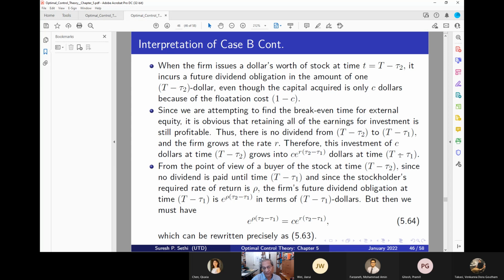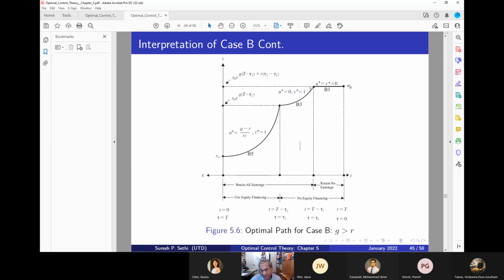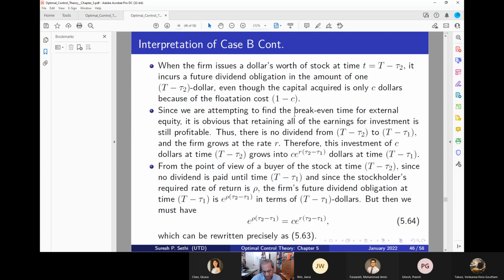So this is the first calculation. We first have to go from here to here, because we cannot just do this just like that. We need to find out all the consequences of what happens to this C dollar all the way to the end, and then evaluate that value and see how that compares with $1.